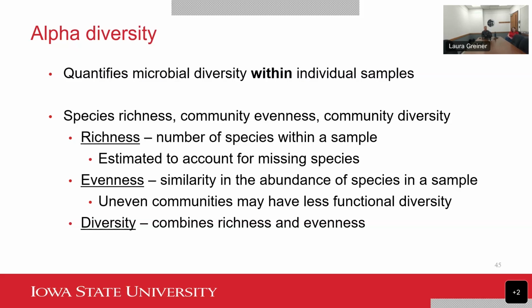Evenness is the similarity in the abundance of those species, where an uneven community, so if a community is dominated by one or two organisms, would be considered less functionally diverse than a community that is more even. And then diversity is the combination of richness and evenness.